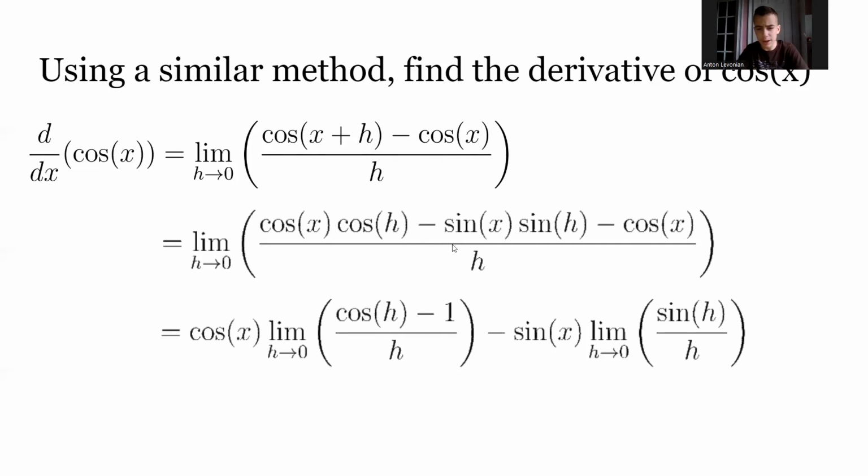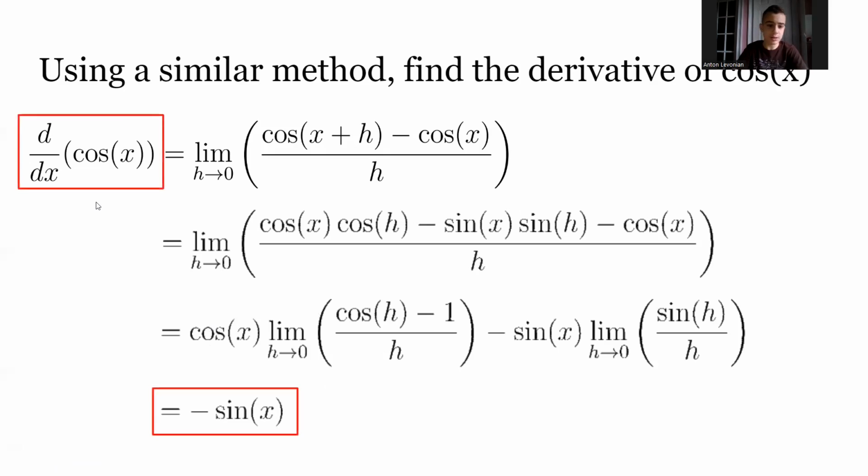And then we can factor this minus sine of x out, and we have this limit that's left. Once again, this limit we already calculated in the previous sine of x proof to be 0. And then this limit is 1, as I already mentioned. And so the resulting derivative is minus sine of x.